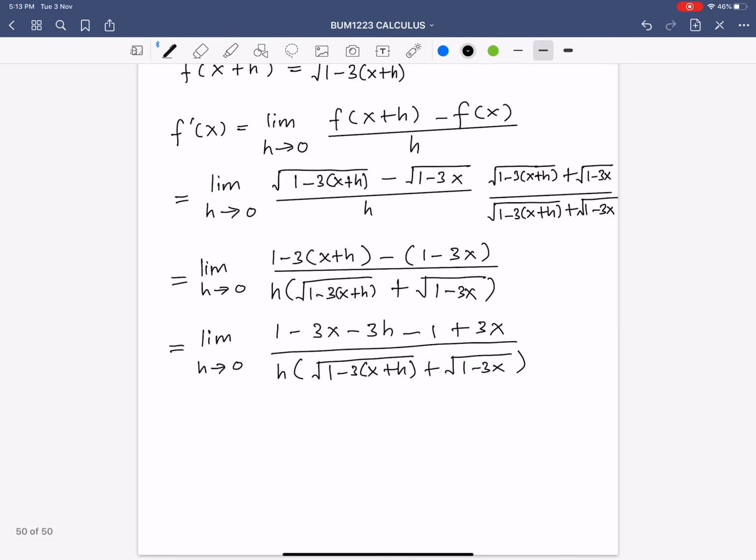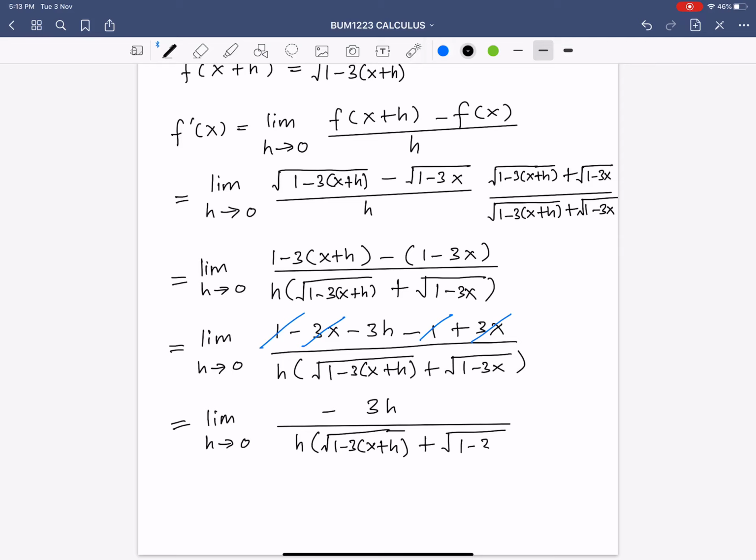From there, 1 minus 1 is 0, and 3x minus 3x is also 0. So what's left is the limit as h approaches 0 of minus 3h over h times root of 1 minus 3(x plus h) plus root of 1 minus 3x.